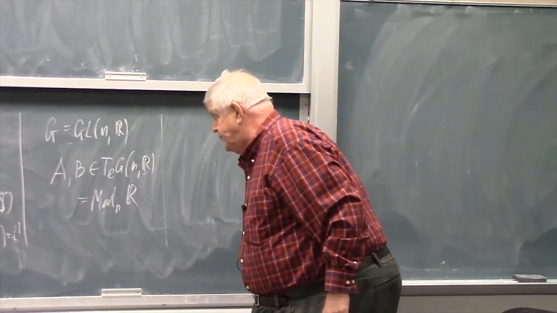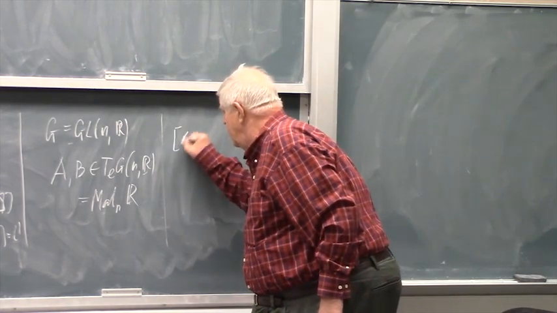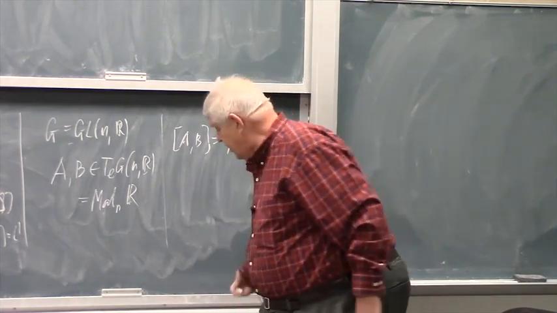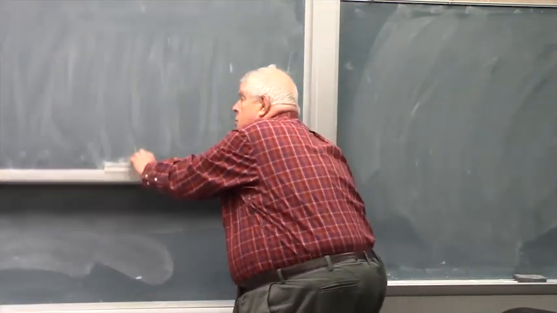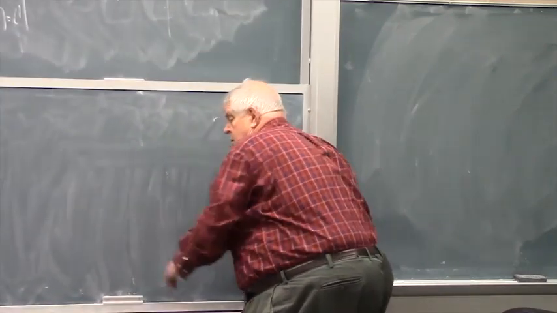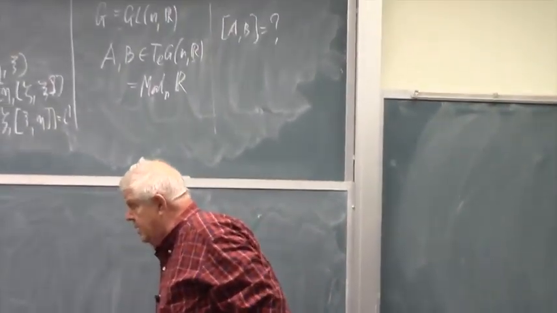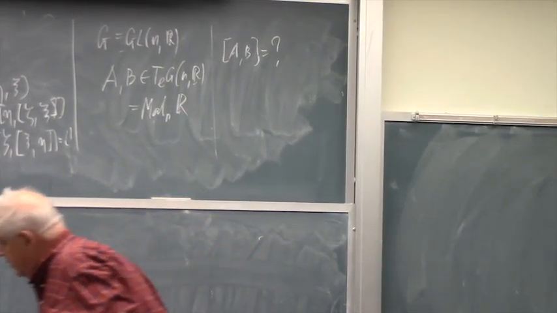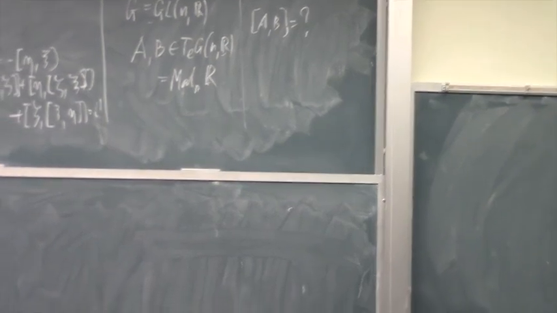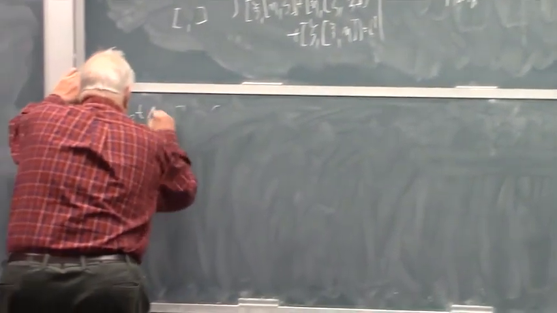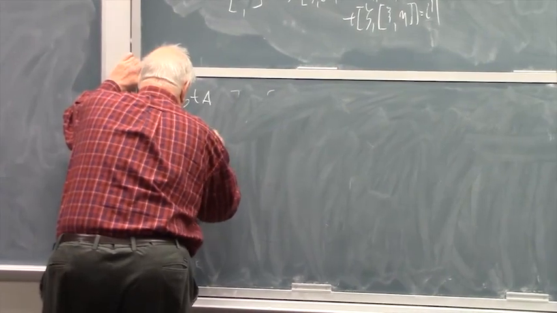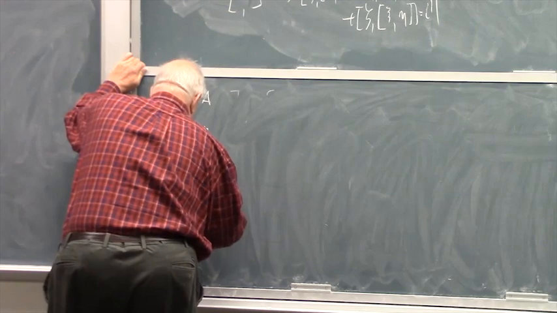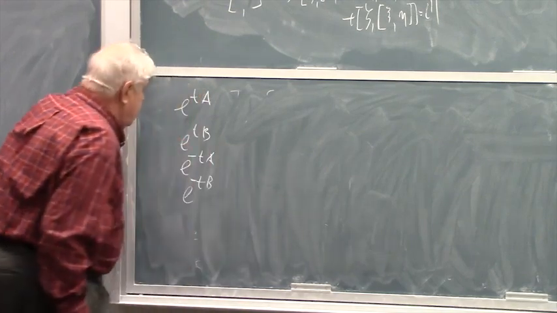And now I want to find the commutator according to the definition which I'm going to use now, and I suggested it last time. The best thing is to do the following. We consider four elements of the Lie group.